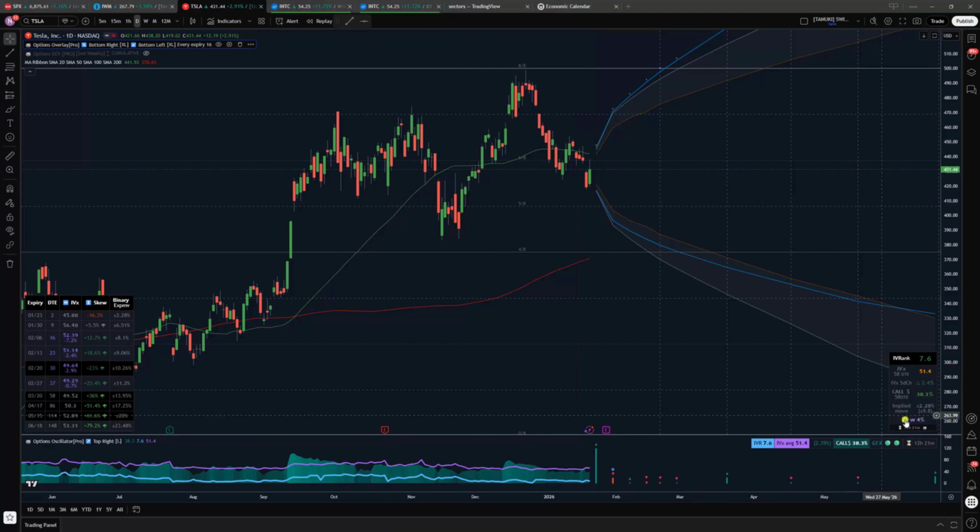But the IVR panel is like a volatility control center. While the delta curves, expected move, and standard deviations show you where the risk is on the chart, this panel shows you what volatility regime you are trading in. And what I see as one of the biggest mistakes of options traders is that they are looking purely at implied volatility in isolation.